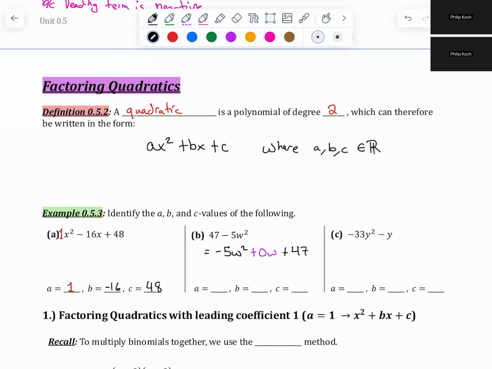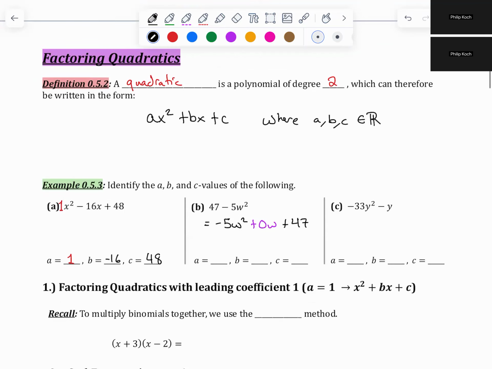There's no b term, hence the b coefficient would be 0. It's non-existent, and the only way that's possible is if it was 0, because 0 times anything becomes 0. And so a is going to be negative 5, b is going to be 0, and c will be 47.